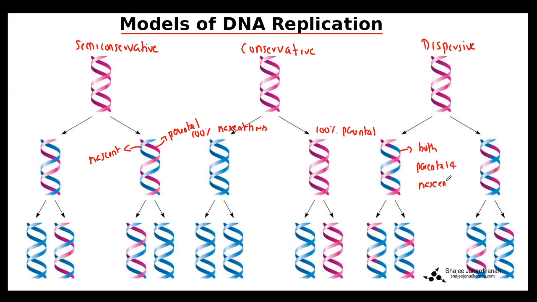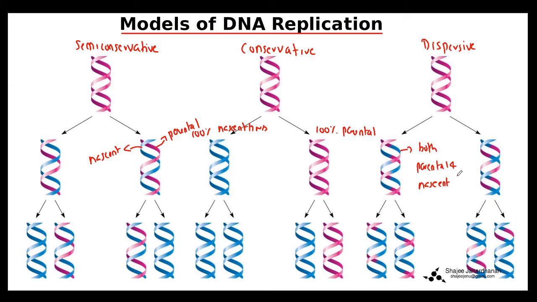So when you look at these duplexes, you find that there is a random inheritance of both the parental and the nascent DNA. So these are the three models for DNA replication.